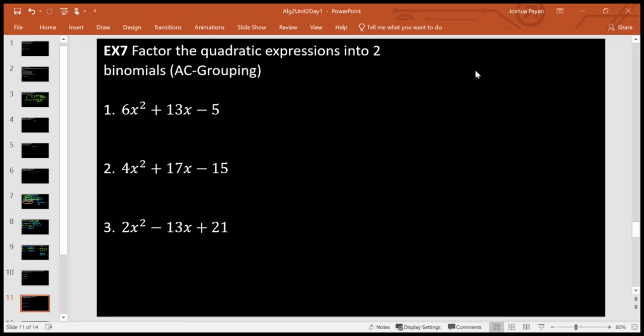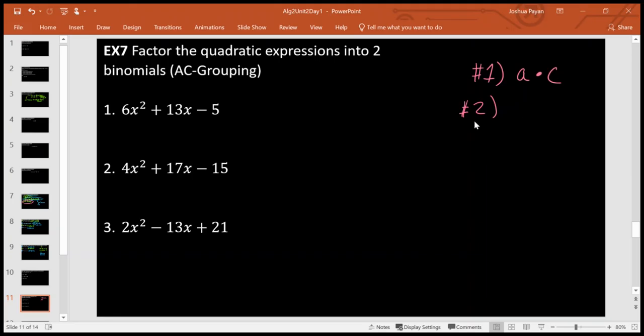Okay, so let's go ahead and write out the steps real quick. So step one is always to multiply A times C, right? Step two, I guess I have to put the little number sign next to it now. Got to continue in the same tradition, I guess.